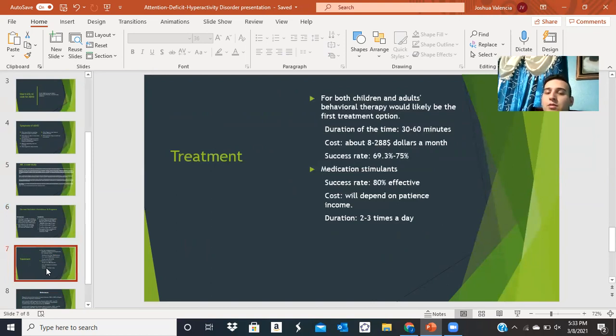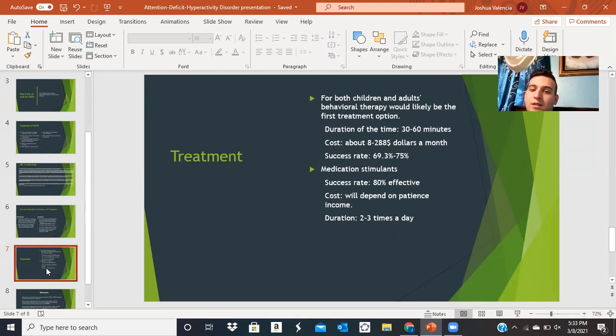For treatment, there's only 2 treatments that I was able to look into. The first one would be behavioral therapy, since it would likely be the first treatment option. Duration would be about 30 to 60 minutes. Cost is about $8 to $288 a month.